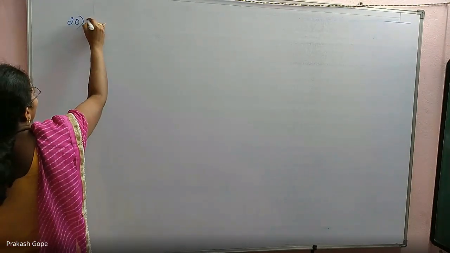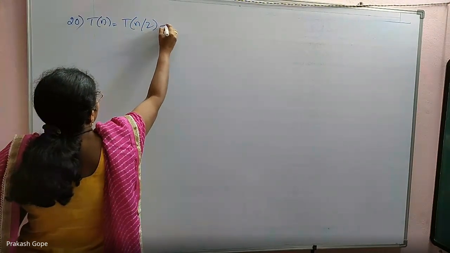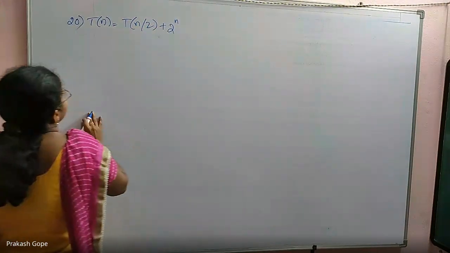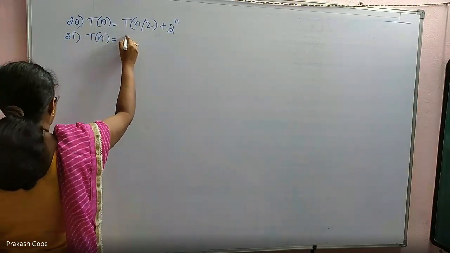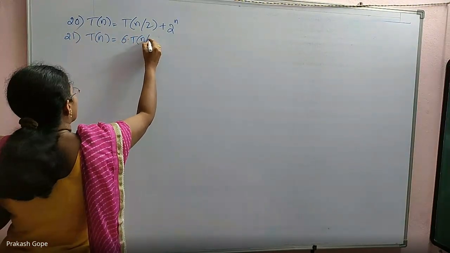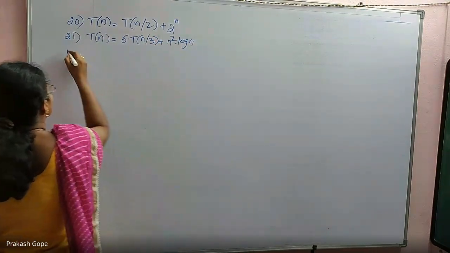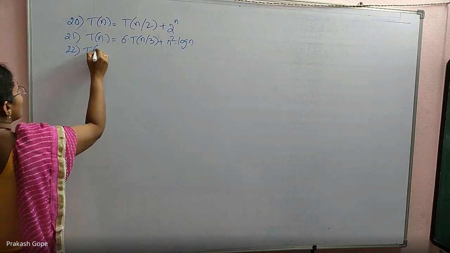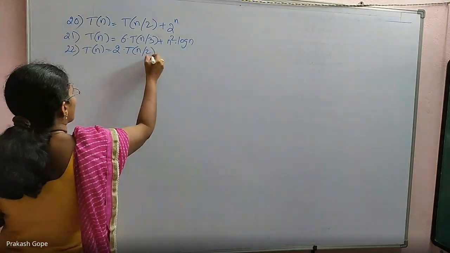Question number 20. T of n is T of n by 2 plus 2 power n. T of n is 6 into T of n by 3 plus n square into log n. T of n is 2 into T of n by 2 plus log n.